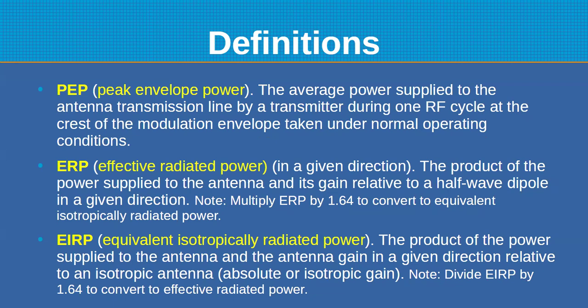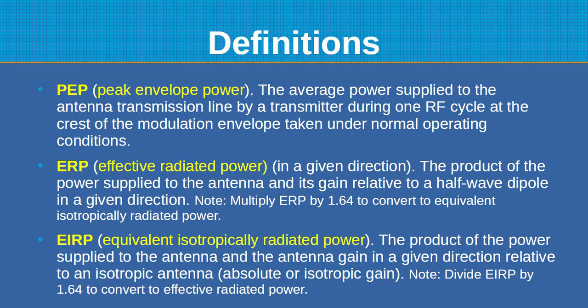The effective radiated power again is your power multiplied by the gain of the antenna relative to the dipole. So if you have more gain than a dipole, you have to reduce the power. And the EIRP, the equivalent isotropic, is the same thing.